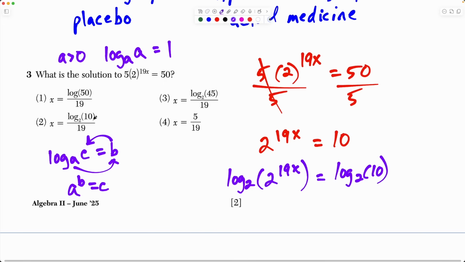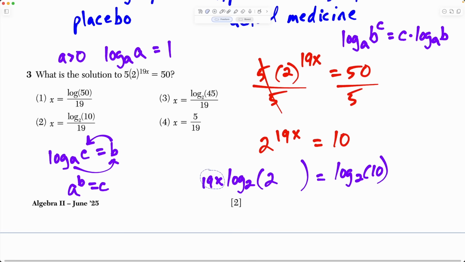If I use more properties of logs, there's another nice property that says when you have something like log base a of b to the c power, this is the same thing as c times log base a of b. So I could bring exponents in front. I could bring this exponent, 19x, to the front of the log.